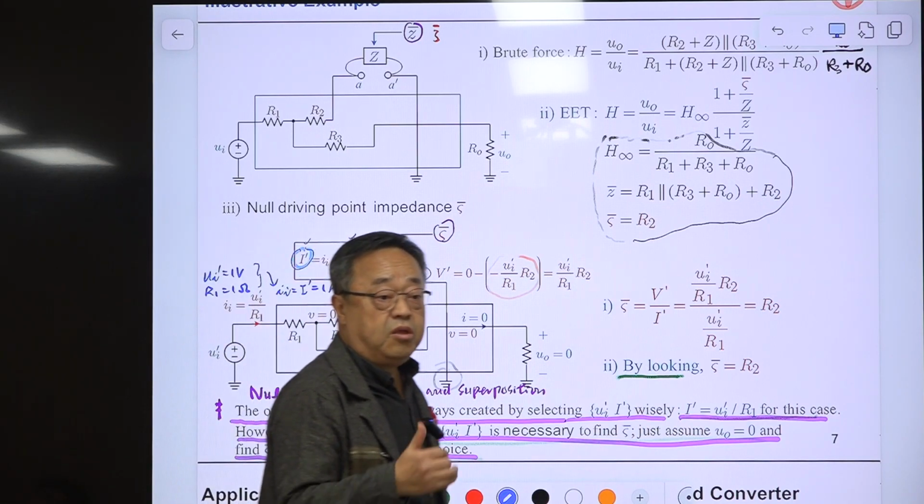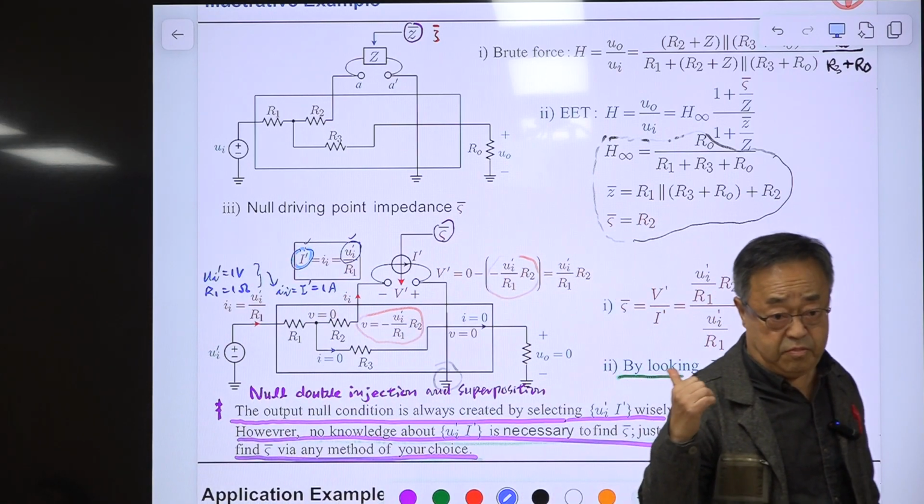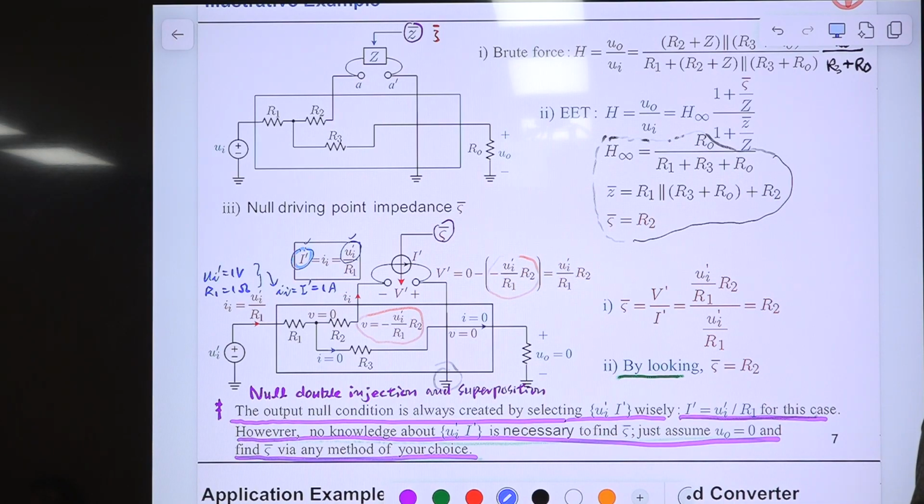The way of thinking about this problem is very similar to deriving the Thevenin's equivalent form. Everybody knows the Thevenin's equivalent form, but very few people know how to verify it. In most textbooks, they are just showing this. This is the rule. This is the Thevenin's rule without any proof or any additional comment.